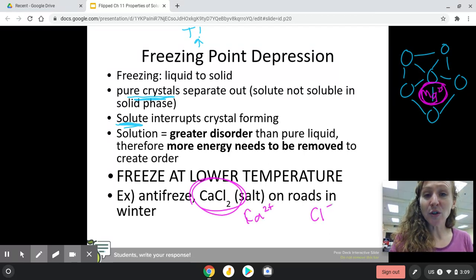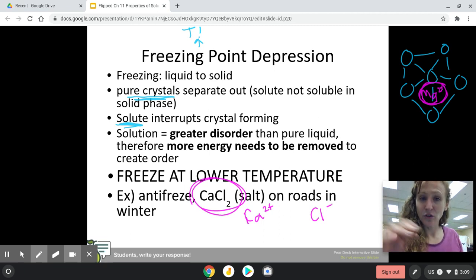And those solutes get in the way of the freezing process of that water. And instead of forming ice, it actually forms slush that you then drive through. Not fantastic for your cars, because that salt causes the cars to rust. But it's really great for driving. You can still drive on the road. They don't get all packed down with ice.